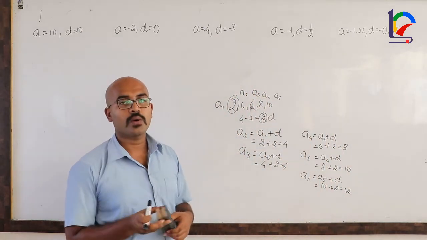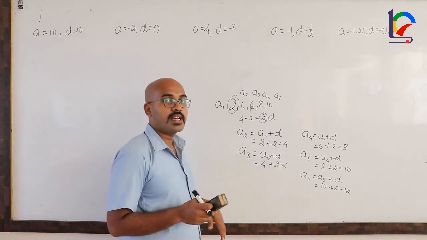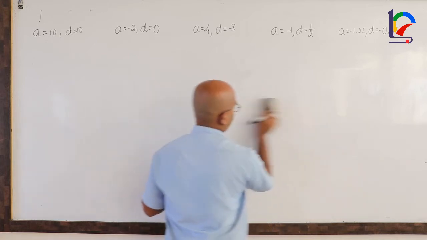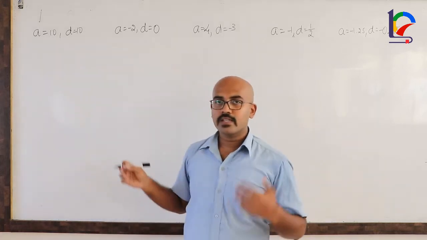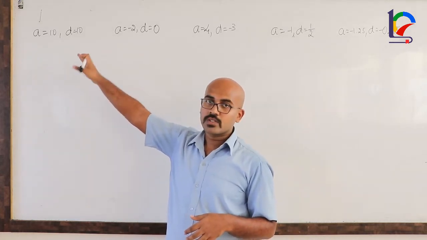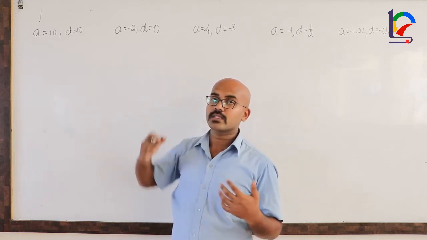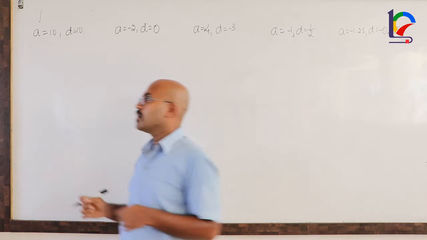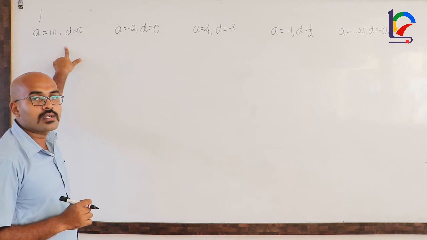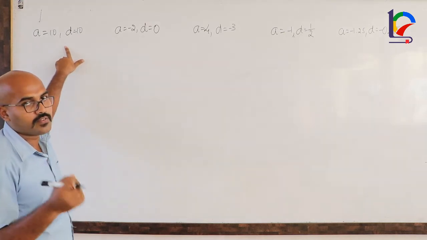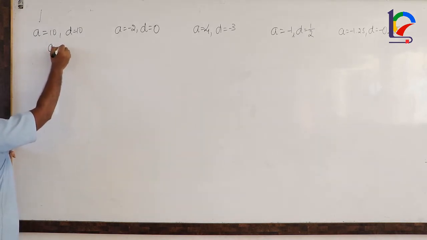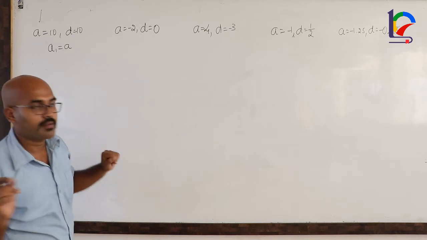So let's now solve some of the problems which they have given in the textbook. They have given problems with the first term and the common difference, and they have asked you to find the next 4 terms. Since they have already given the first term a and the common difference, a1 and a are both the same.